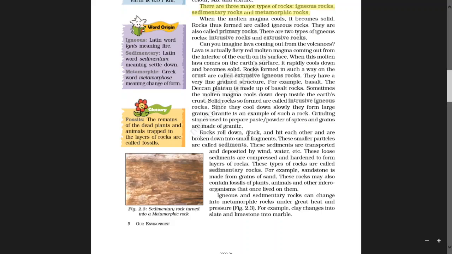Rocks roll down, crack, and hit each other and are broken down into small fragments. They become small pieces formed by breaking.